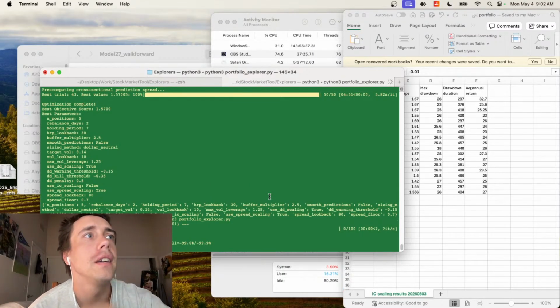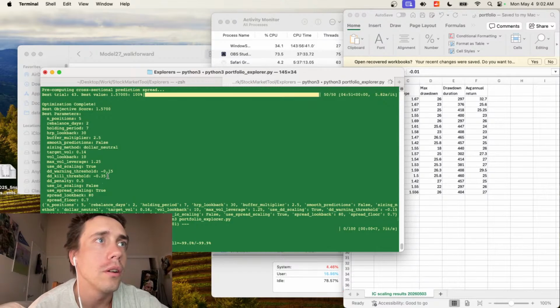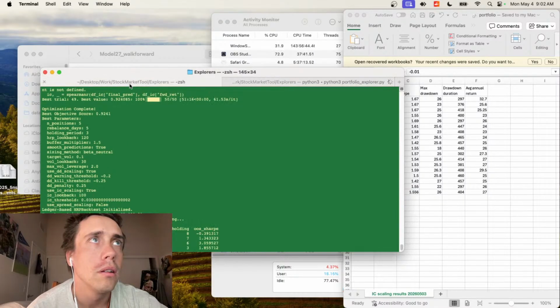Spread look back, 80 days. Spread floor. Use spread scaling true. Use IC scaling false. Drawdown penalty, 0.5. Drawdown kill threshold, 0.35. Yeah, well, I could run this.